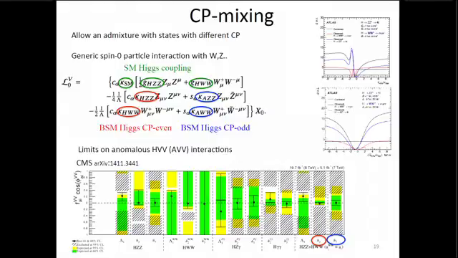Then here you have the couplings that correspond to the standard model Higgs. But then you have other couplings that are still CP even but are not the standard model one. And then you have CP odd couplings, for example. So what is done is to try to put limits on these extra couplings.